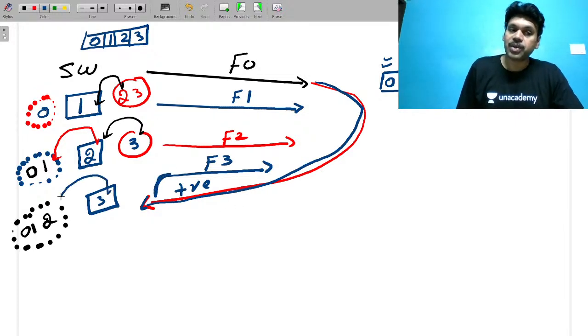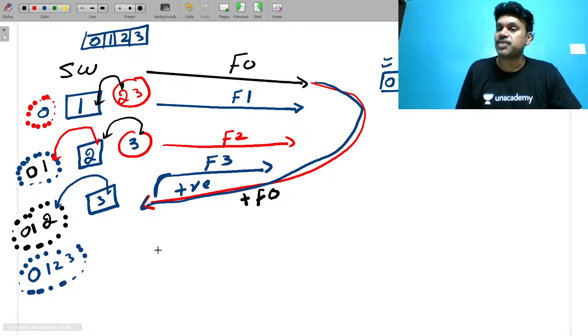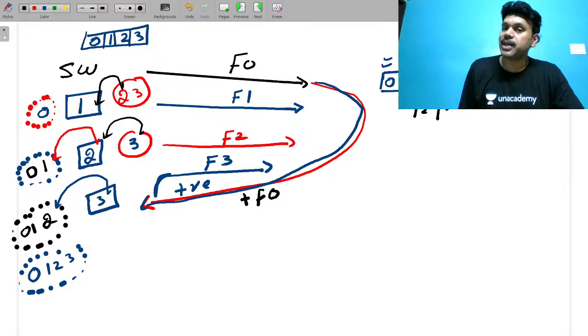Therefore, once you transmit your frame 3, your window consists of 0, 1, 2, 3, which are to be acknowledged. Soon after you get the acknowledgement for the first frame, he has given a positive acknowledgement that it is a success. Next I am expecting frame 1, next 2, next I am expecting to receive 3. Therefore, he has given acknowledgement 0.